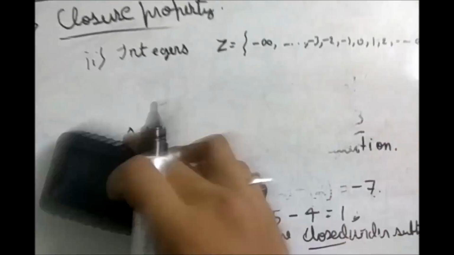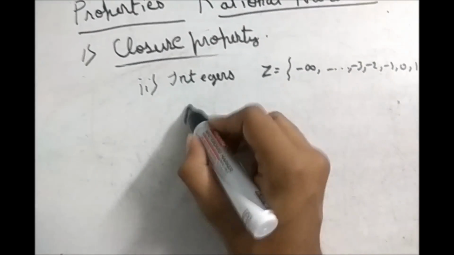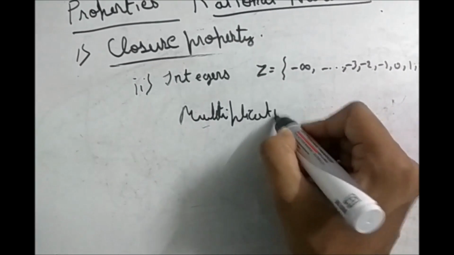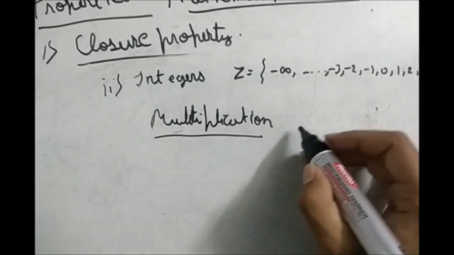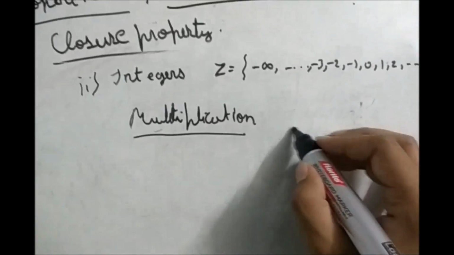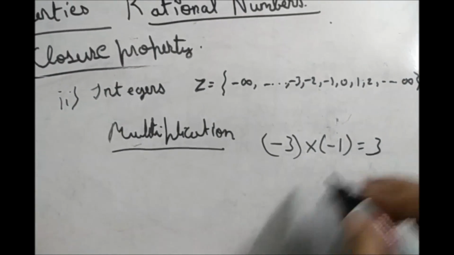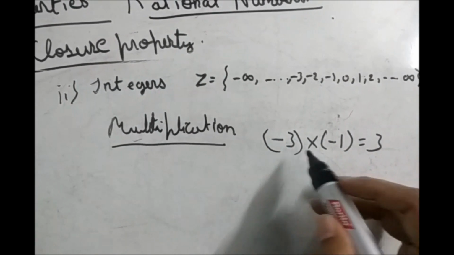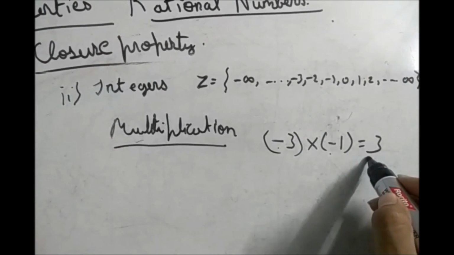Now let's see for multiplication. Okay, we can take minus 3 into minus 1, which will be equal to 3. You can see that minus into minus gives a positive number.